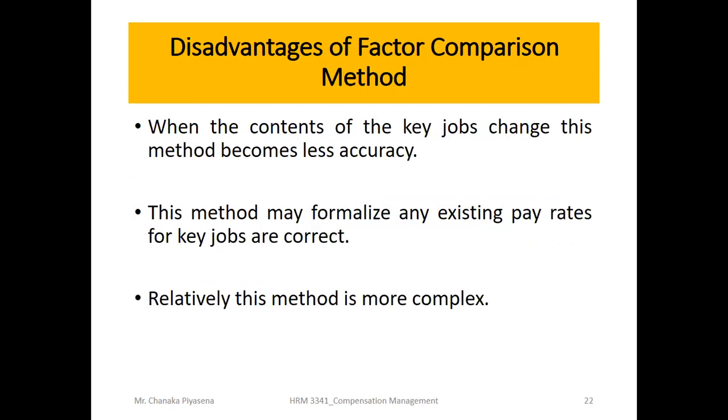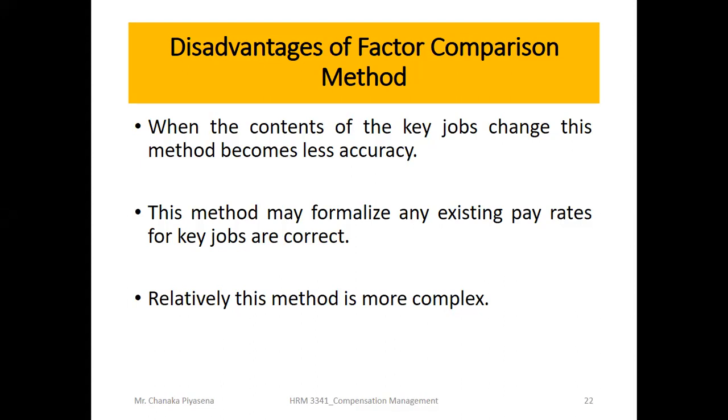There are some disadvantages as well. When the contents of the key jobs change, this method becomes less accurate. When we are using the factor comparison method, we need to identify key jobs.